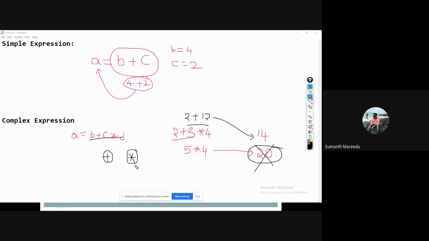So I will first apply the multiplication operation because it is given the high precedence. So I'll say 2 plus 12.